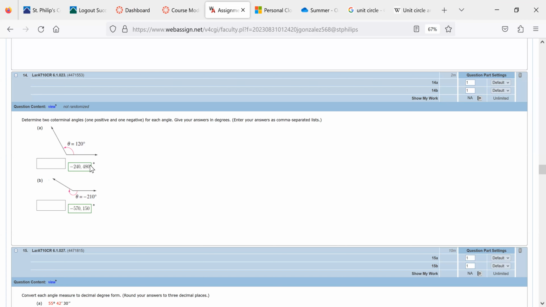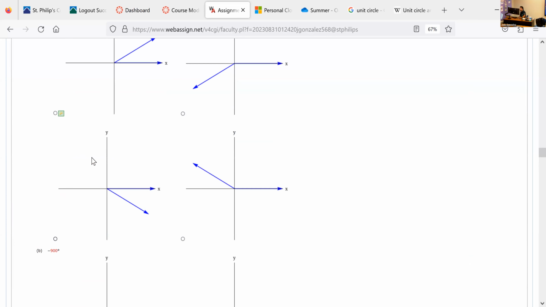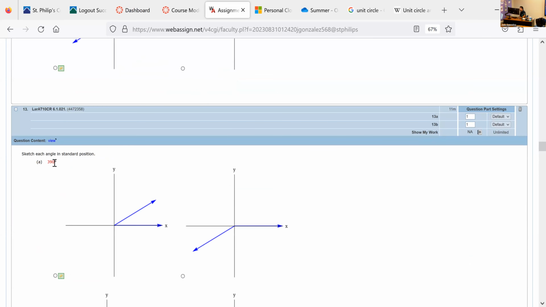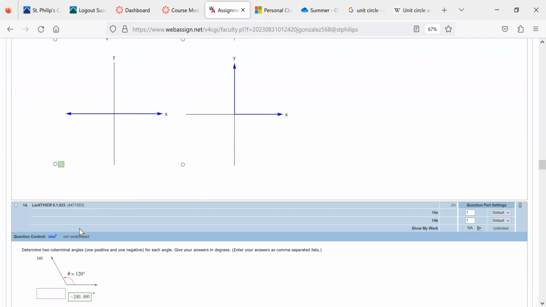Can you repeat that one more time? Let's look at the last example. The 390. 390 is coterminal to 30 degrees because it lands in the same place. That's all it means. That makes sense? Yes.